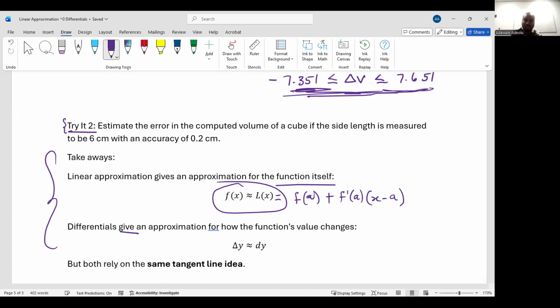Differentials give an approximation for how the function's value changes. So that is the change in the y value, which is f prime of x times dx. And both of them rely on the tangent line idea.